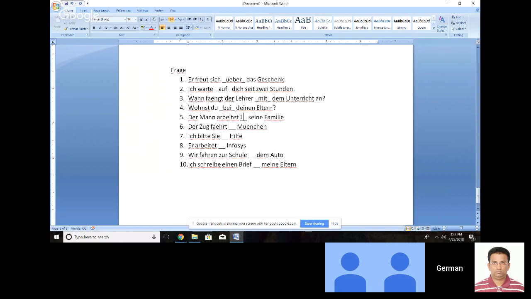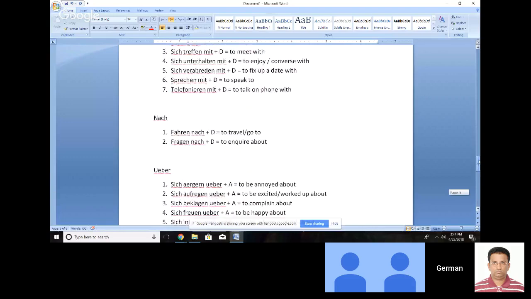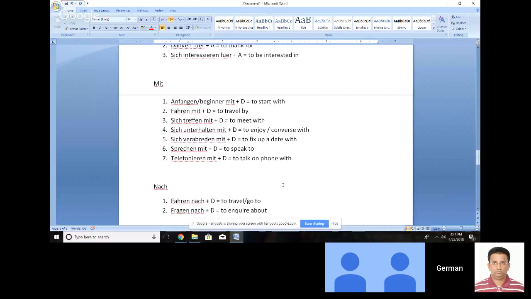Or even mit also can go with that, right? Do we have wohnen in the list with mit? We noted verbs right over here. We do not have wohnen with mit, right?